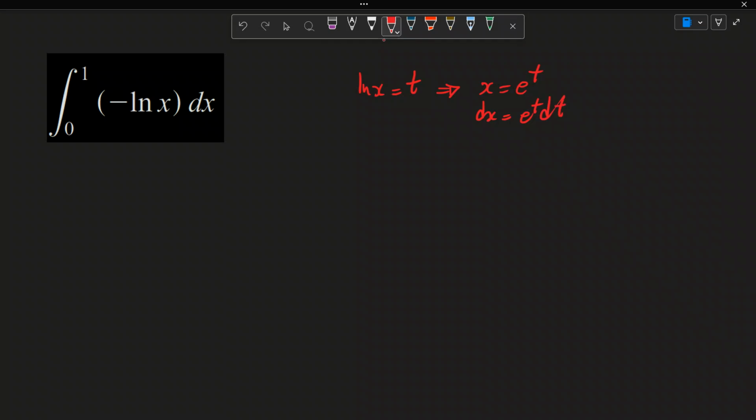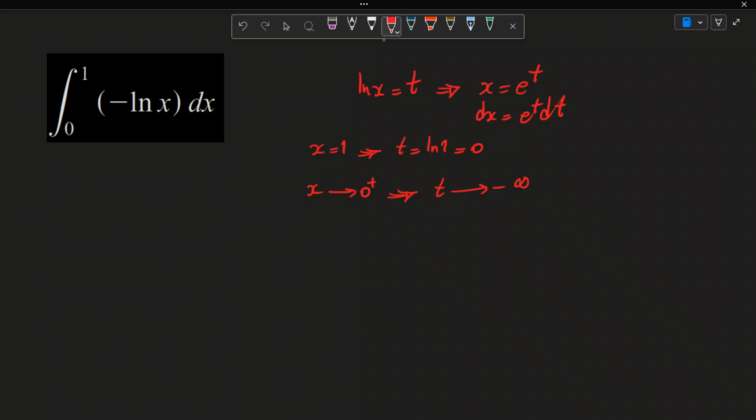When x is 1, then t is ln 1, which is 0. When x approaches 0 from the positive side, then t, which is ln x, approaches minus infinity. Or if I take minus ln x as t, then it can be positive infinity. It's up to us. So if I select this one as minus, then it can be minus. So let's keep it like this.